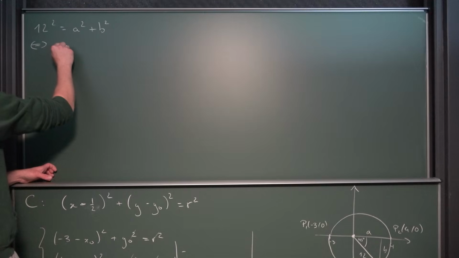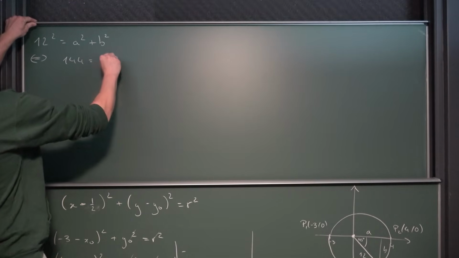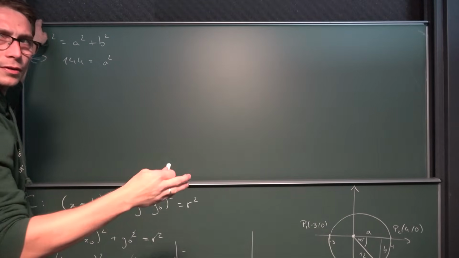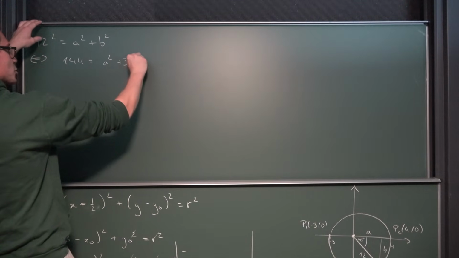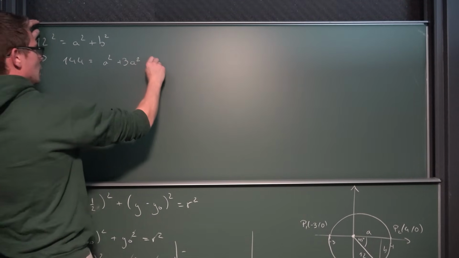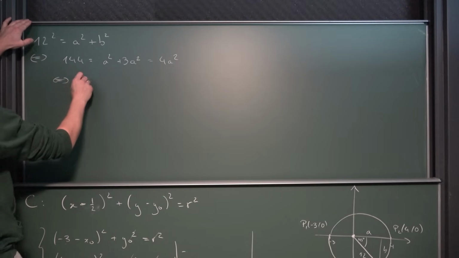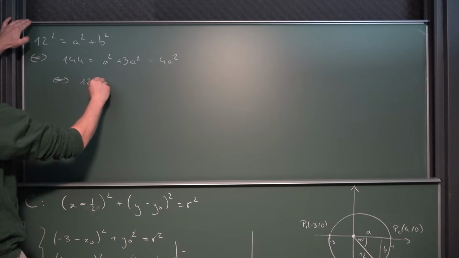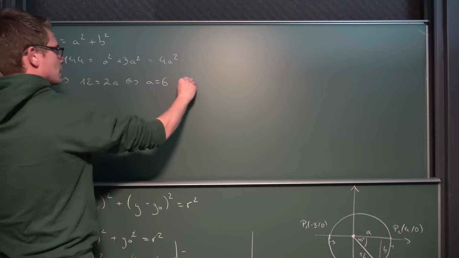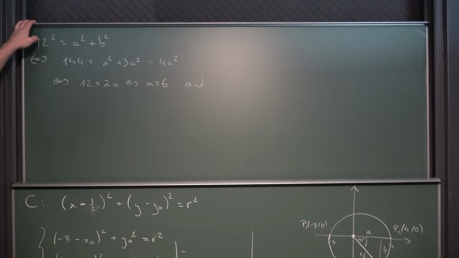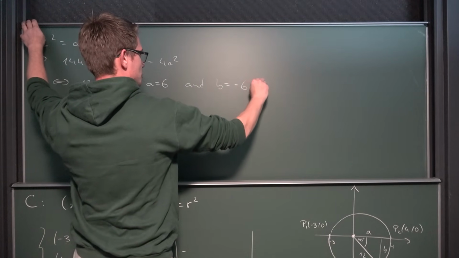So this right here is 144 is equal to a squared plus negative square root of 3 times a squared, which is plus 3a squared. That's convenient. That's 4a squared, and by taking the square root on both sides, we are going to get 12 is equal to 2a. Or in other words, a is equal to 6, and we are going to get that b is equal to negative 6 square root of 3.